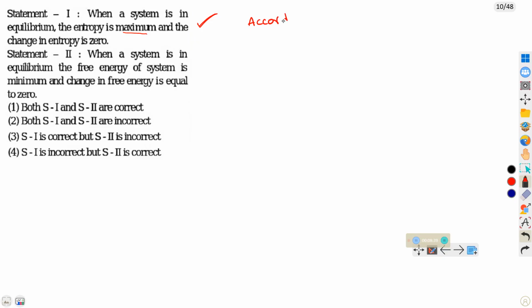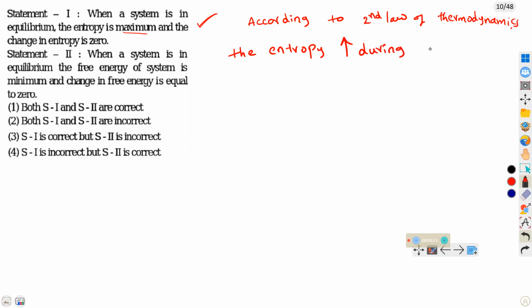According to the second law of thermodynamics, the entropy increases during a spontaneous process and reaches its maximum.